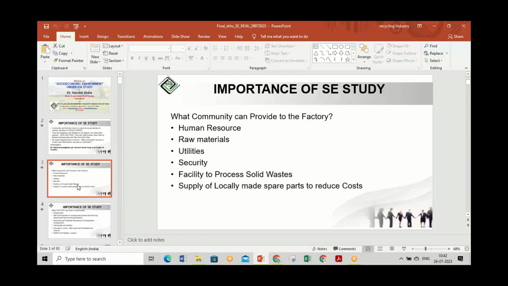Now let's look at a small thing, what community can provide to the factory. Human resource, obviously. There will be some raw materials which the industry needs, which can come from the community. Utilities, facility to process the solid waste, and supply of locally made spare parts to reduce cost.